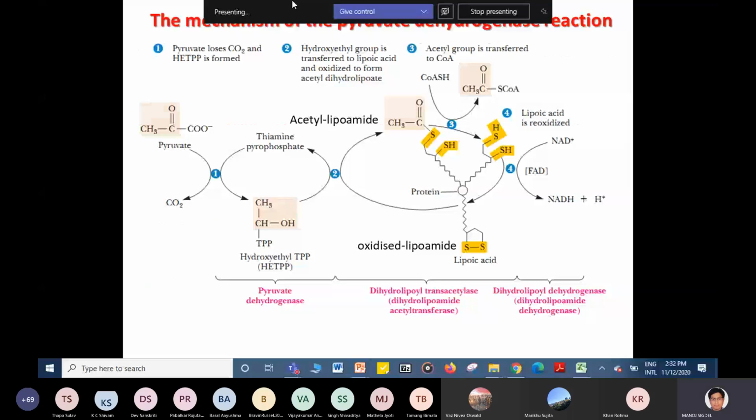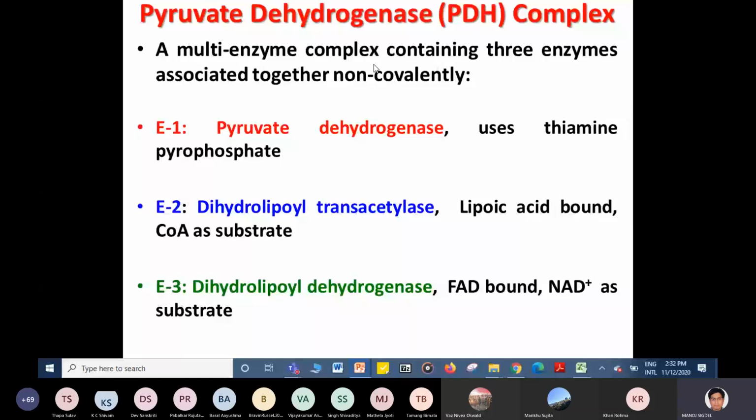Pyruvate dehydrogenase complex. By the name itself, it is a complex because this is a multifunctional enzyme. That means the same protein has different enzyme activities, in this case 3 different activities: pyruvate dehydrogenase, dihydrolipoyl transacetylase, and dihydrolipoyl dehydrogenase. To accomplish these 3 enzyme activities, it also has cofactors. Pyruvate dehydrogenase uses thiamine pyrophosphate as a cofactor or coenzyme.